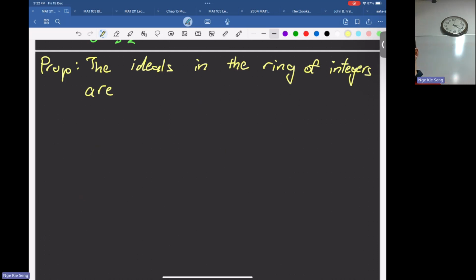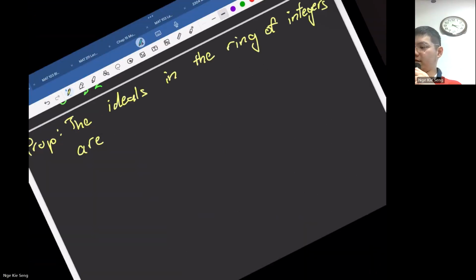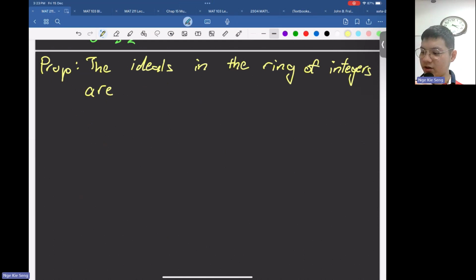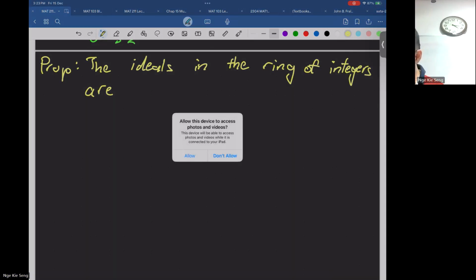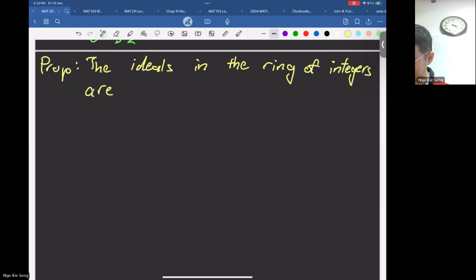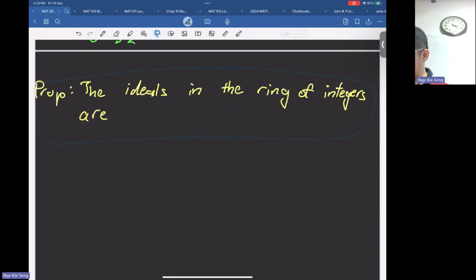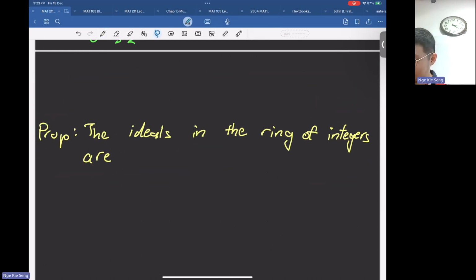Take your favorite number in the integers. What's the favorite number you like? 64. Okay, let's take 64. You want to generate the ideal.